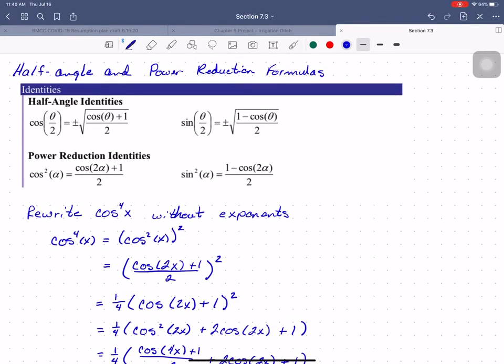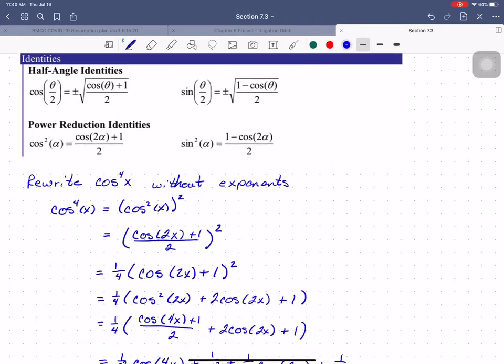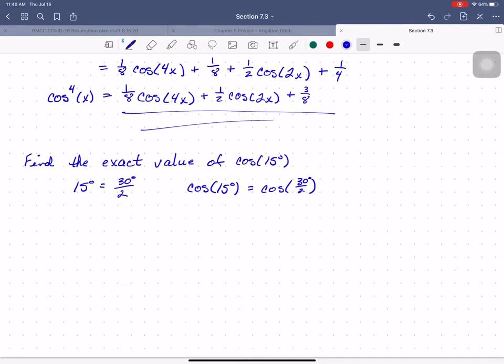The cosine of theta over 2 is equal to the positive or negative square root, and we'll talk about which one we want in a minute, of 1/2 of the cosine of 30 degrees plus 1.